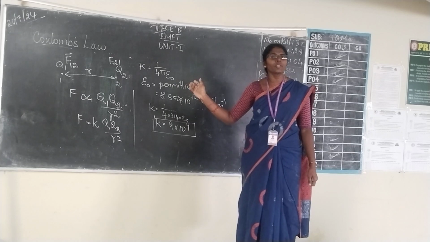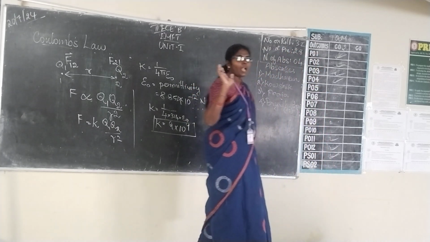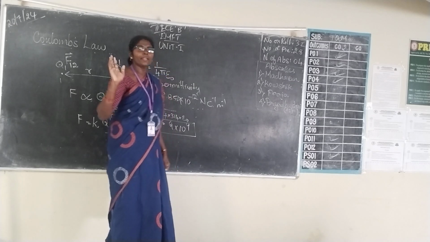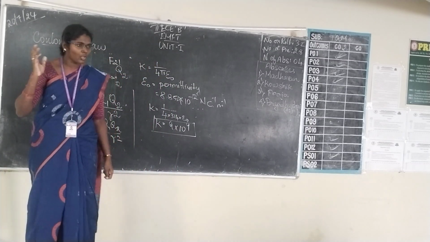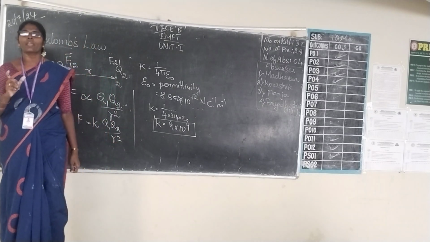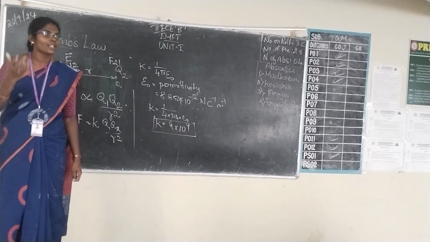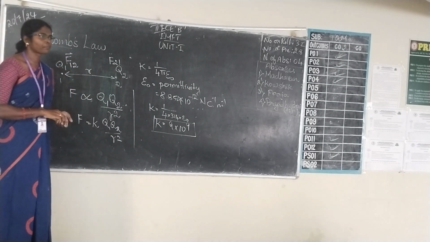When we remove the proportionality, we use the constant K, which is 1 by 4 pi epsilon naught, where epsilon naught is the permittivity, a constant value. After substituting, we get the value of K as 9 into 10 to the power 9. That is all about Coulomb's law.